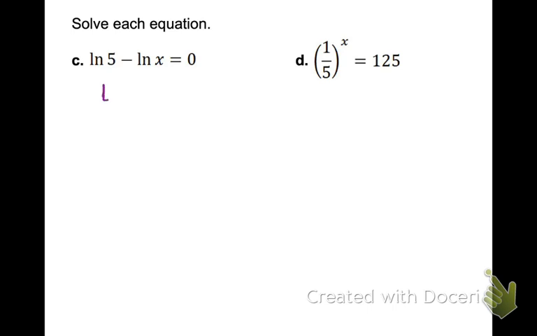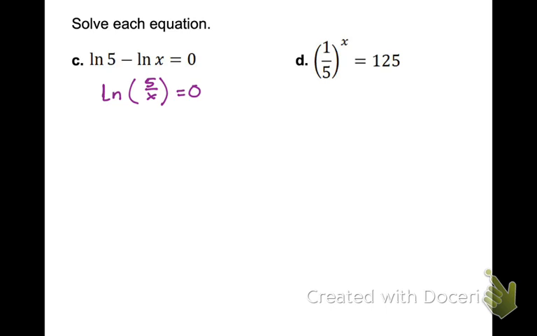So I have the natural log of 5 over x. And then what?